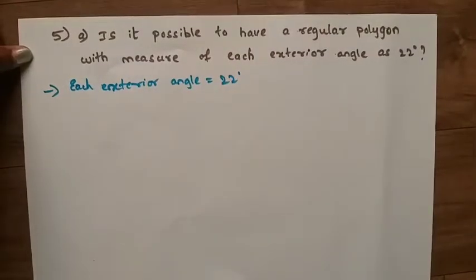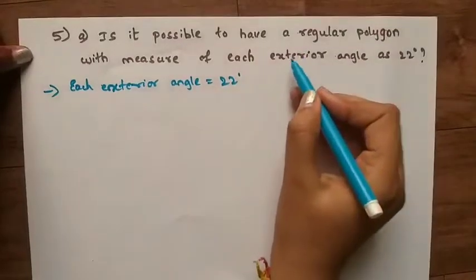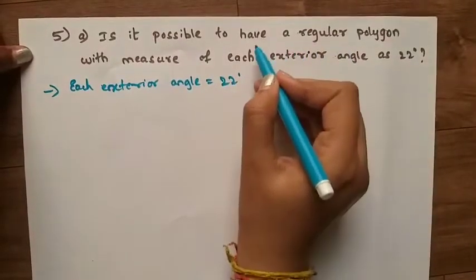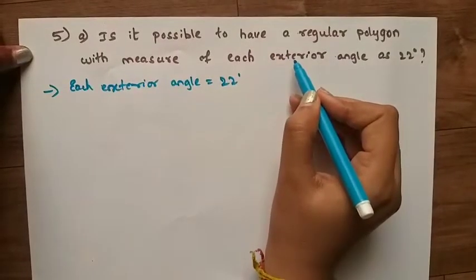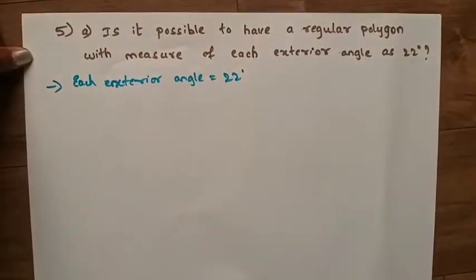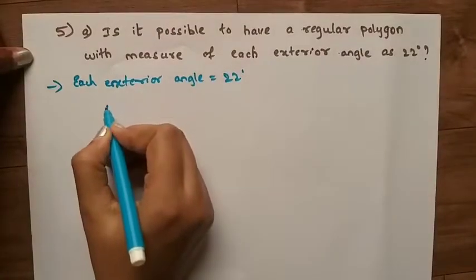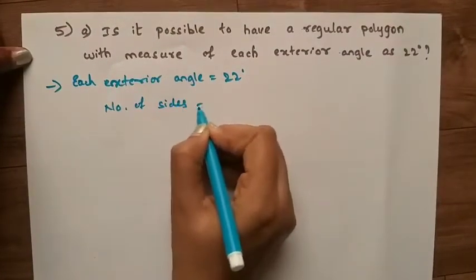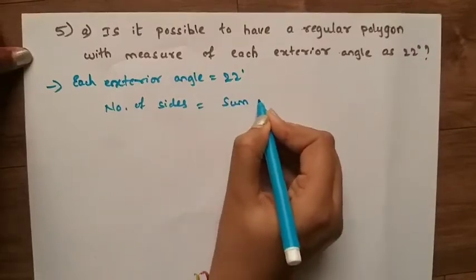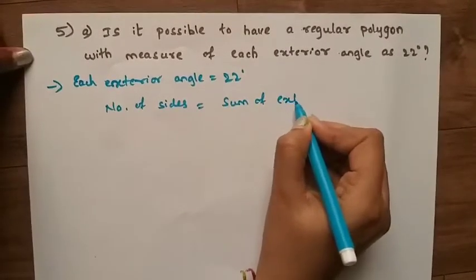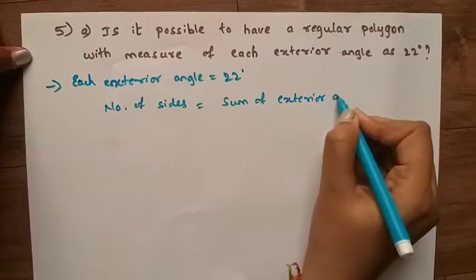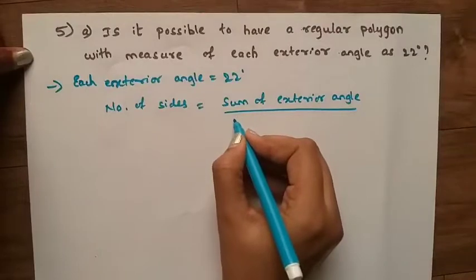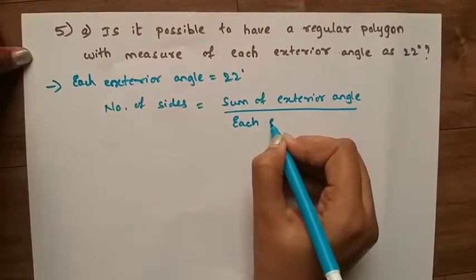Here what do we have to show? We have to show whether it is a regular polygon or not. We have to check whether it is a regular polygon or not. So again applying a formula, number of sides is equal to the sum of exterior angles divided by each exterior angle.